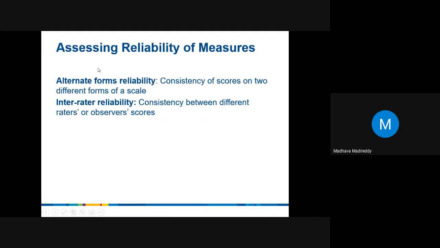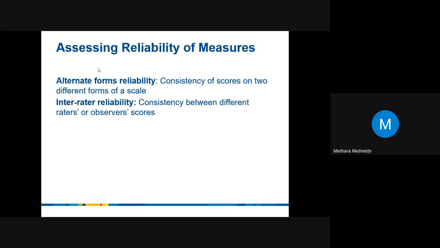Now assessing the reliability. When you measure something, you need to assess whether that is reliable or not. So consistency of scores is very critical. That means when you are measuring the same item repeatedly, you need to know that the results are consistent.